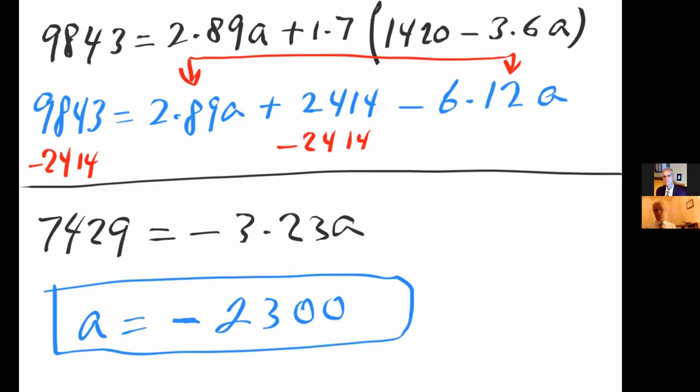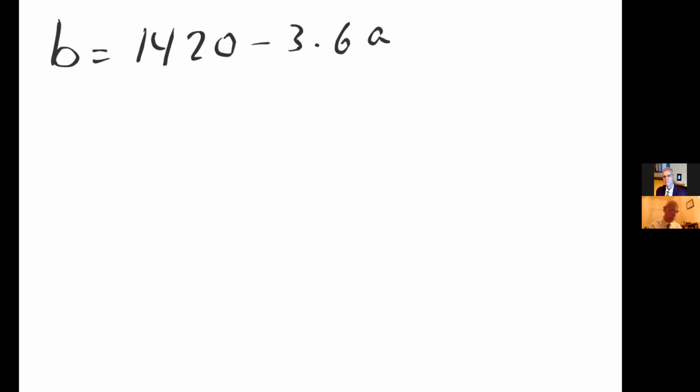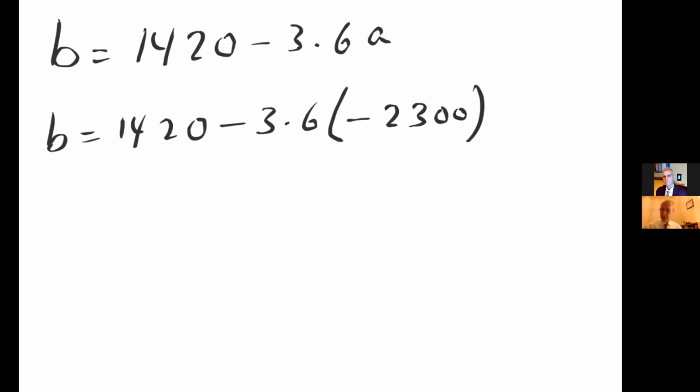So now I know the value of a. Now I need to find the value of b. Remember that we just solved for b from equation 2, and we said b equals 1420 minus 3.6a. So b equals 1420 minus 3.6 times negative 2,300.